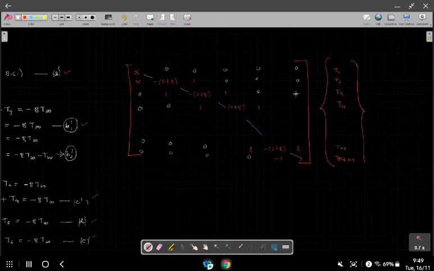And here also there are many zeros. Likewise, there are terms.